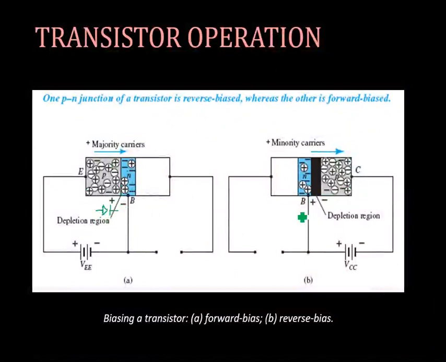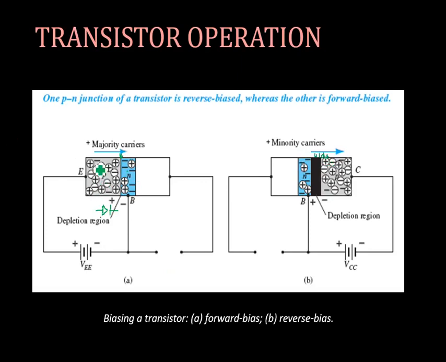And the collector base junction is reverse biased. So here you can see it is a reverse biased diode. In these two cases only one biasing is given, and the width of the depletion region will be very narrow here, whereas since this junction is reverse biased, this will be very wide.